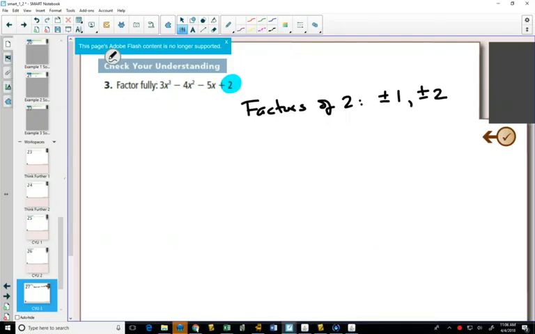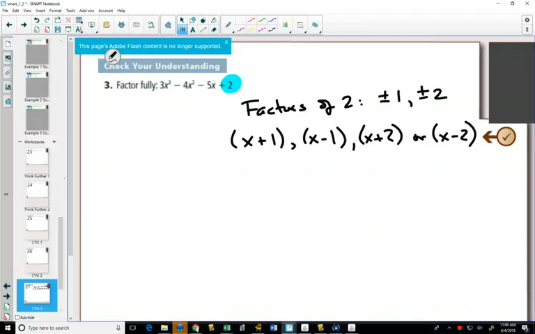So when we're looking for factors of the whole thing, based on that, the possible factors are x plus 1, x minus 1, x plus 2, or x minus 2.